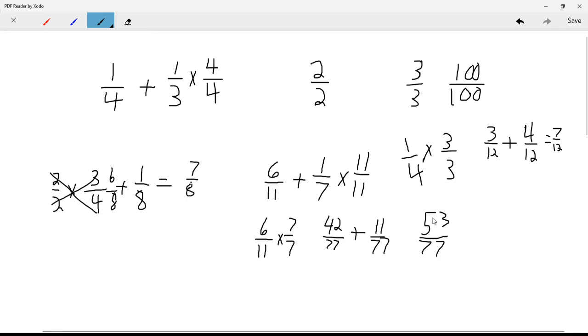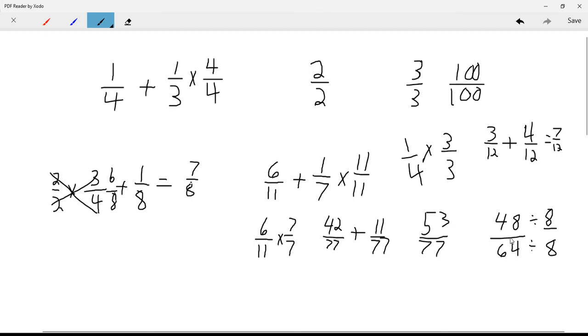Now, in this case we can't reduce the fraction, but you might end up getting something like 48 over 64. Let's just say you got this as an example. And in this case, if you can divide both of these by the same number, in this case you can divide both top and bottom by 8, you will reduce the fraction.